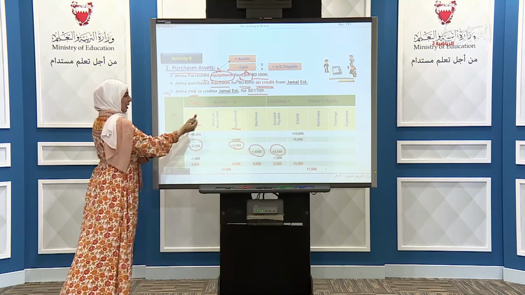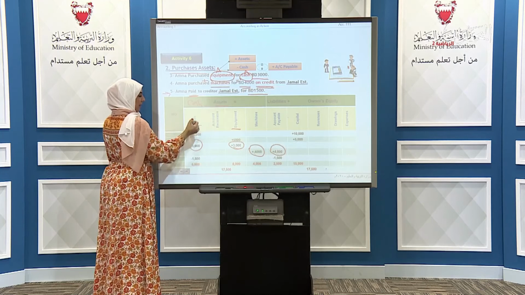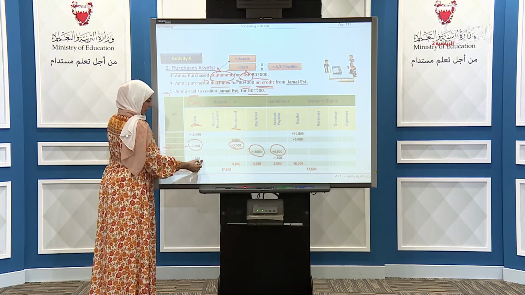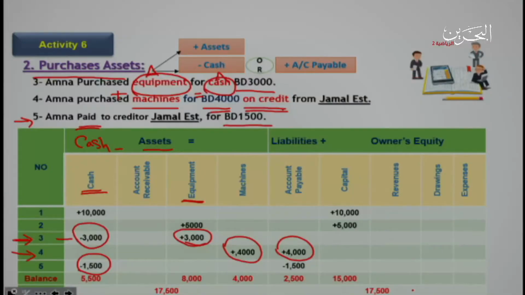So I will come to the asset section under the cash for transaction 5 and decrease the cash by 1,500. Then if I pay the liability that I have, the liability for me will decrease, so I come to the liability section under the account payable and decrease it by 1,500.